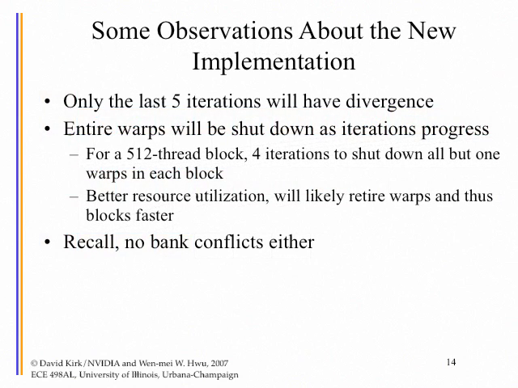If you look at the computation, right from the beginning we're going to have only half of the warps active. The other half will fail the test, so the other half will be idle. But the half of the warps that are active will all be working full force.